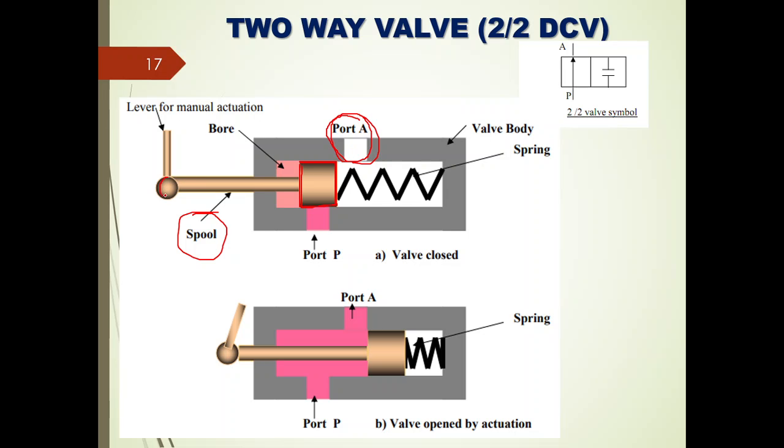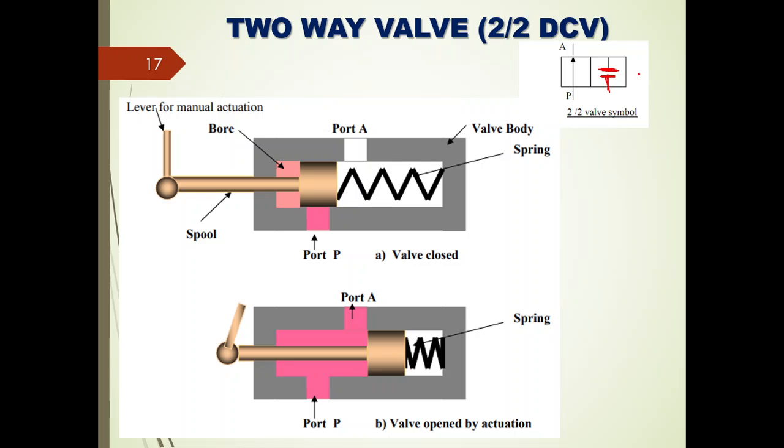So the spool, which is coming from the direction control valve, will be actuated with the help of different actuating mechanisms, right? So let us consider the first position. In the first position, there will not be a flow from the pump port to system port A, right? We can see this in the symbolic representation also. In this position, the pump port is completely blocked as well as the system port is completely blocked.